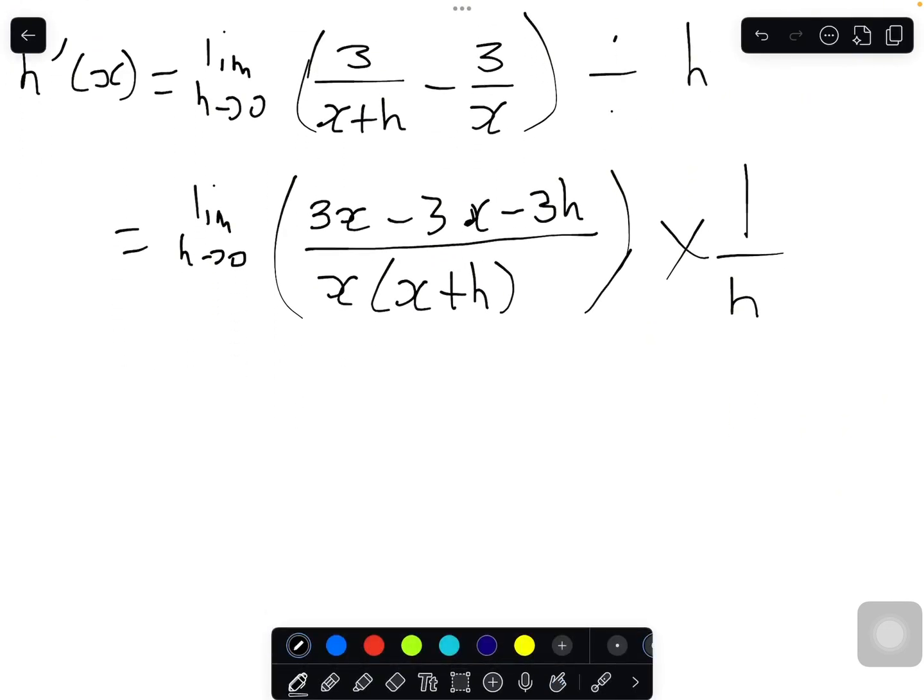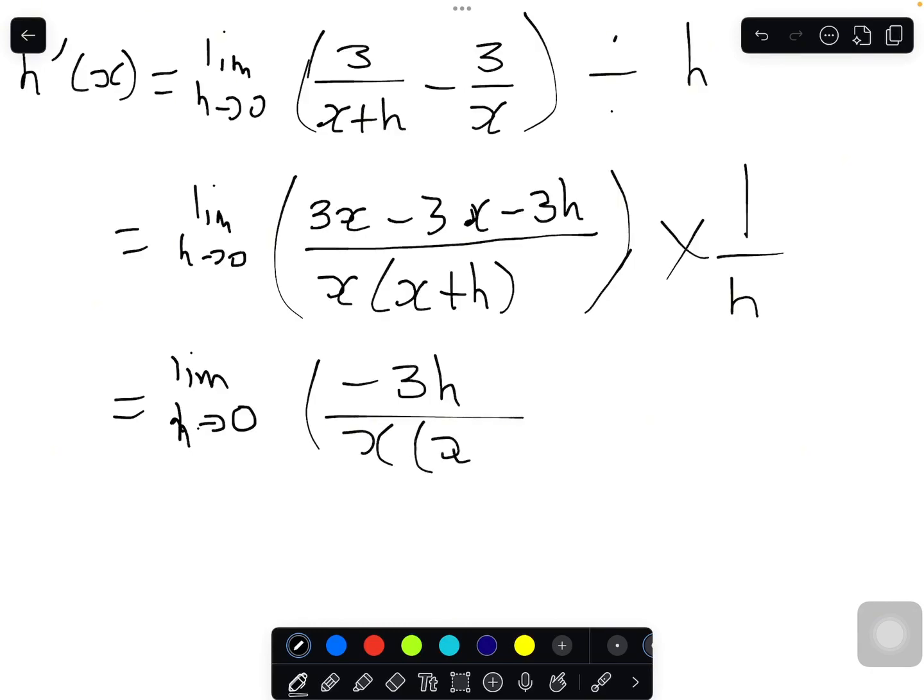And now I'm going to have the limit as h approaches 0 of negative 3h over x into x plus h, times this 1 over h.